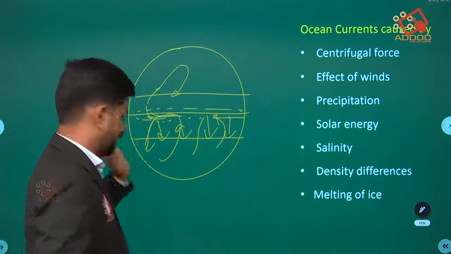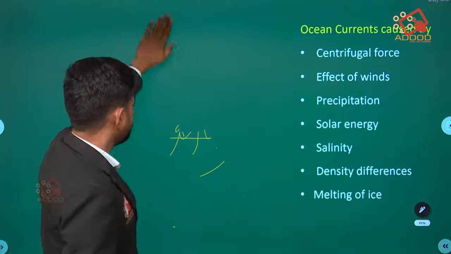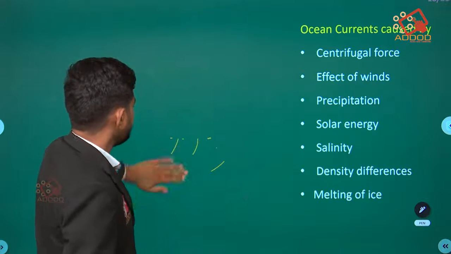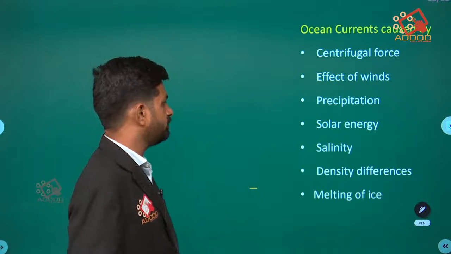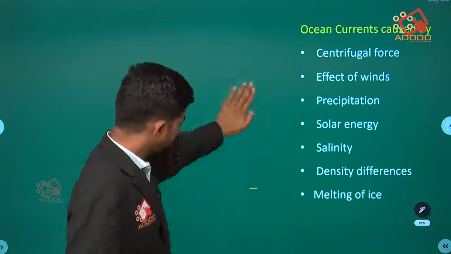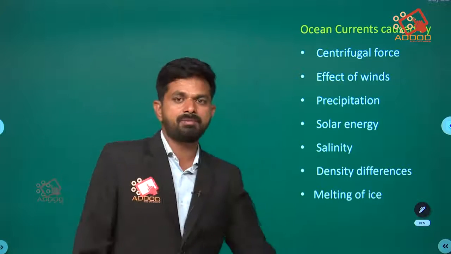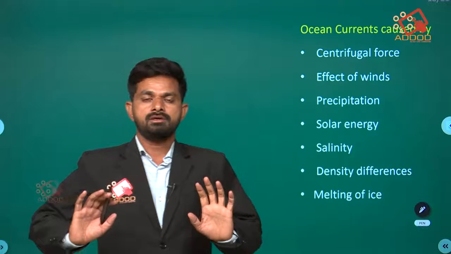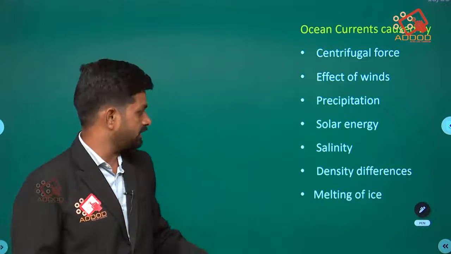Now apart from these things, solar energy: if it gets more heated up, then what will happen? Volume of water will be increasing and then again pushing away from those areas. And salinity: if there is more salinity, density is more. If density is more, then what will happen? It will move from that area to less dense saline areas.